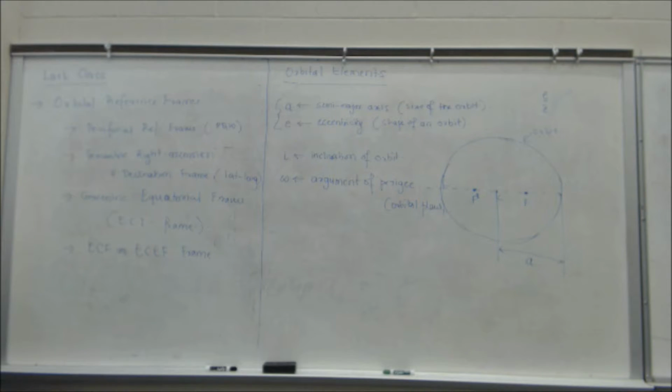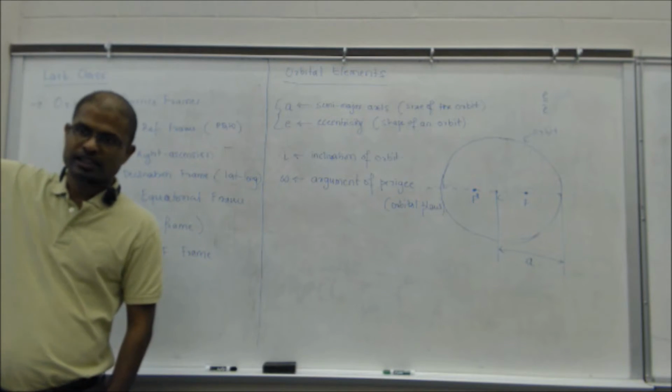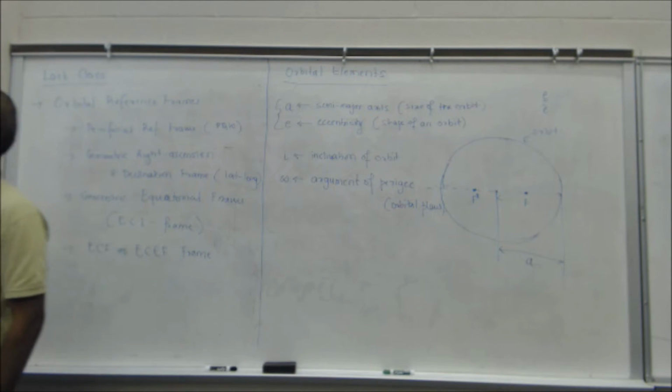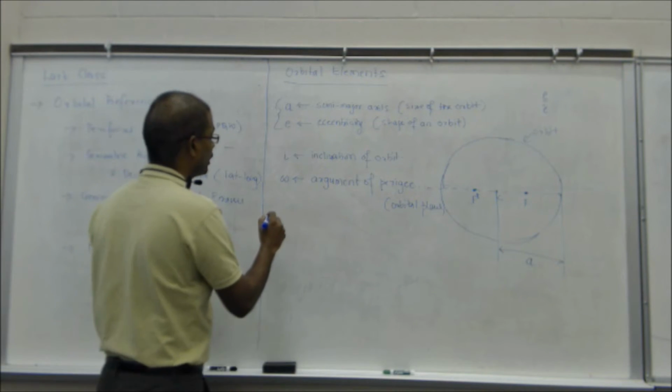That is the ascending node. And the point on the other side, where the orbit intersects the line of node, is the descending node, because from that point onwards the satellite starts descending. Make sense? So this is the argument of perigee.